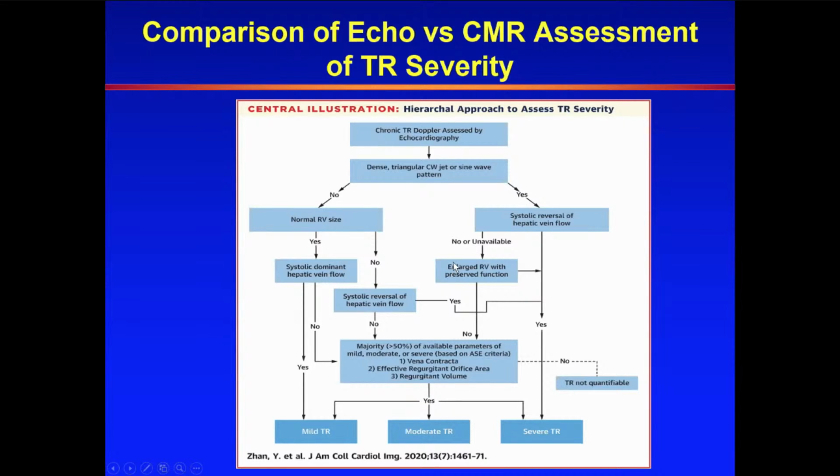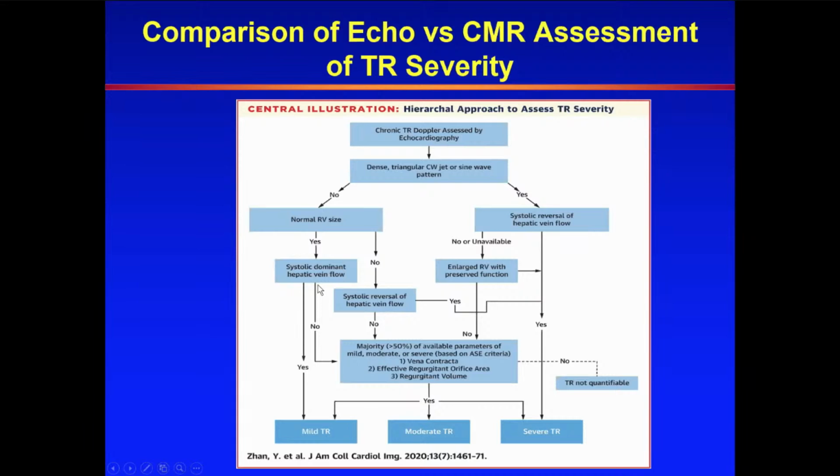And basically, my take-home message to you is if you're looking at TR, try to go to the more specific signals early on. So continuous wave Doppler, dense signals, early peaking, or a sine wave appearance. If you see systolic reversal in the hepatic veins, this is enough. You do not need to do any quantification. If you do not see systolic reversal, then pay close attention to the RV size.